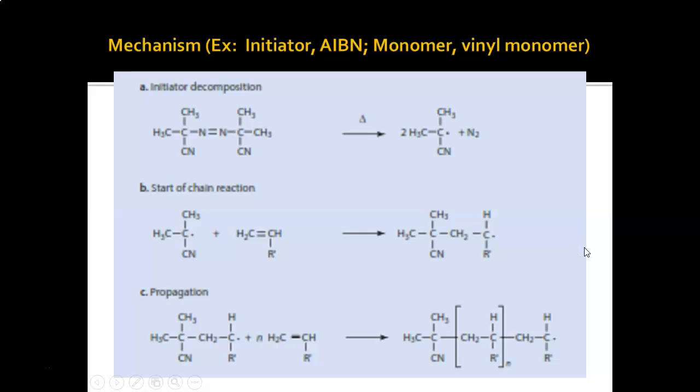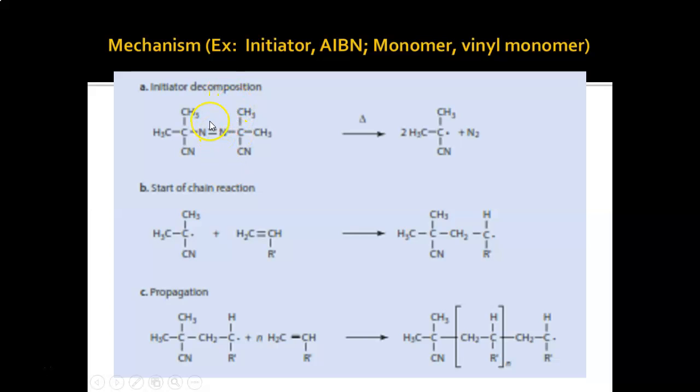This is an example of an initiator, AIBN, with a vinyl monomer. This is the structure of AIBN. Now we look at the decomposition step.